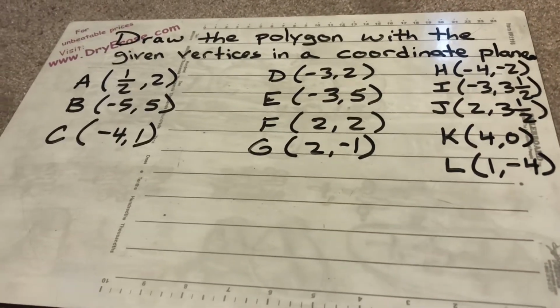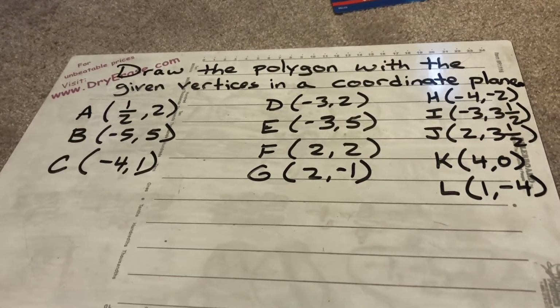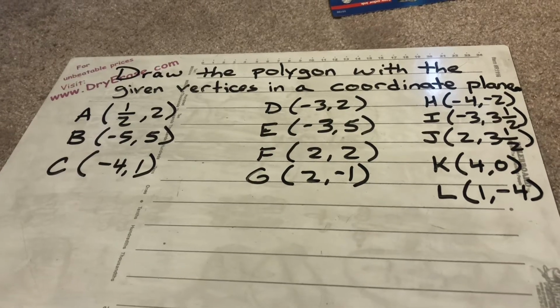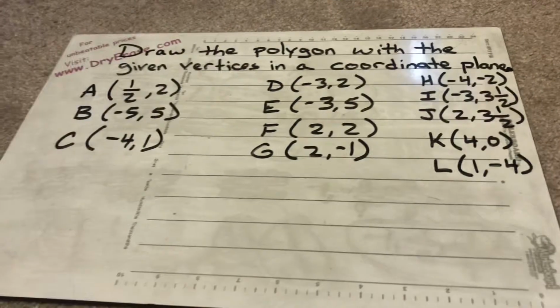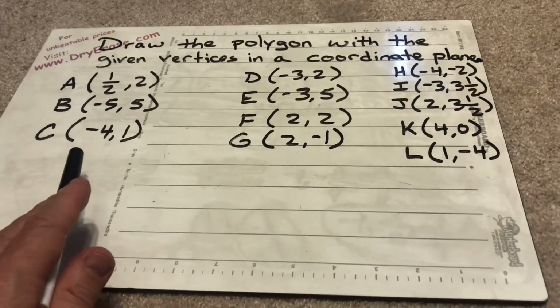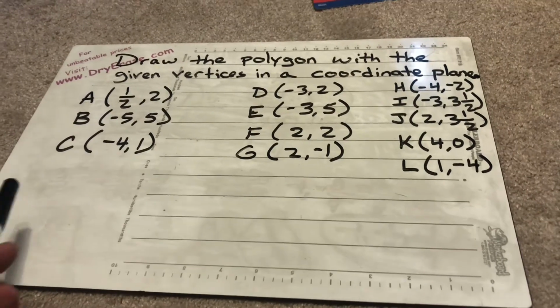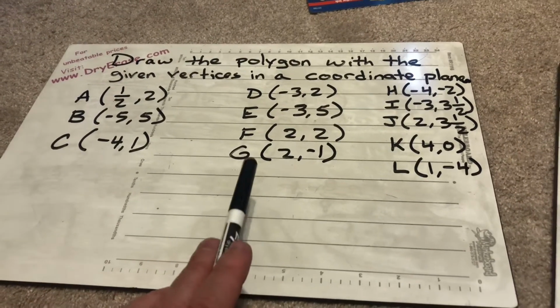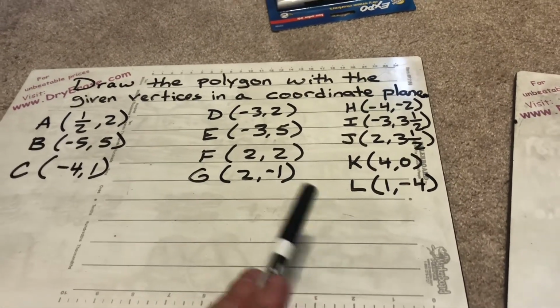So we have three different polygons. Here we have 3 points, 4 points, 5 points. Now, of course, 3 points means three sides, 4 points means four sides, 5 points means five sides.